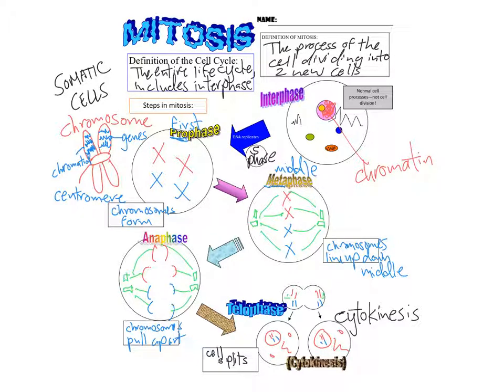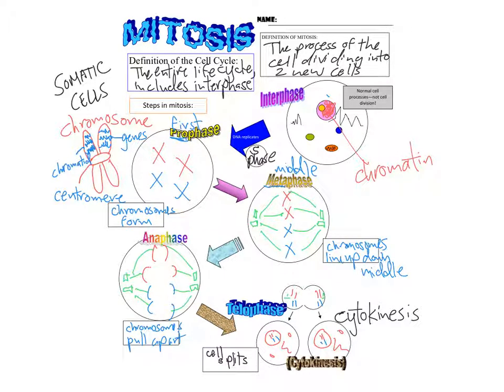So when we started up here in interphase, we actually only had 4 chromosomes. You can't tell that because it's chromatin, but you just had 1, 2, 3, 4, and they were all, actually let me erase that because that is wrong.